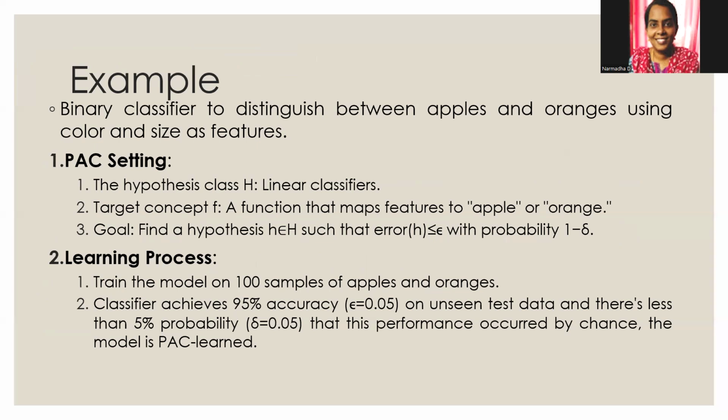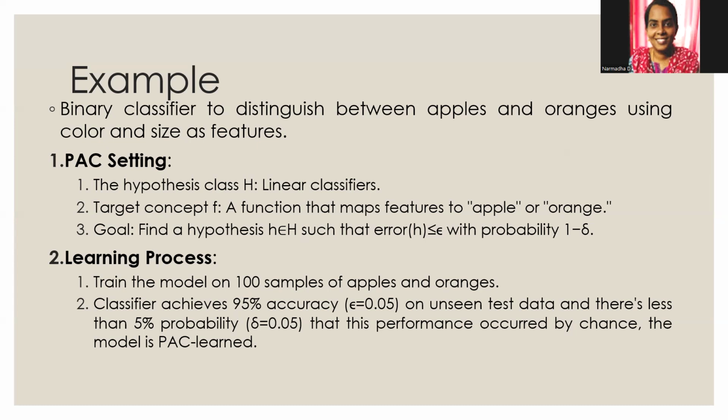To understand probably and approximately, let us consider you are trying to train a binary classifier to distinguish between apples and oranges based upon features such as color as well as shape. For the PAC setting, what terminologies are needed?